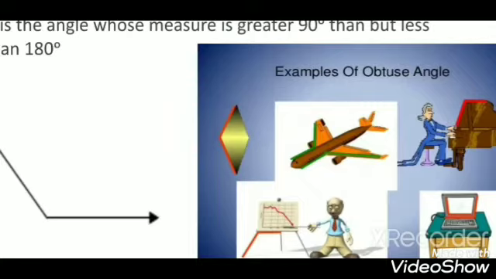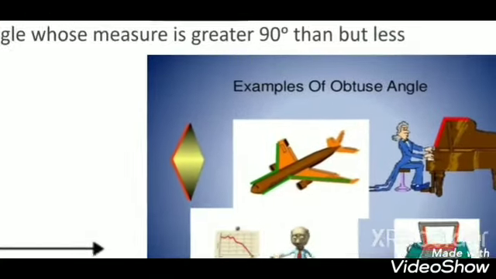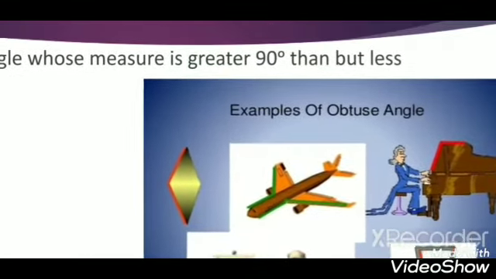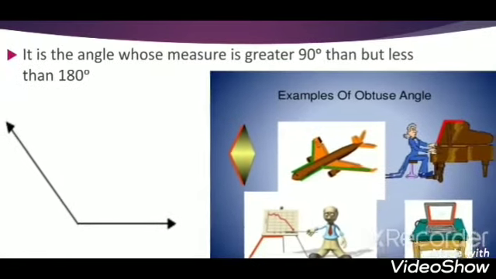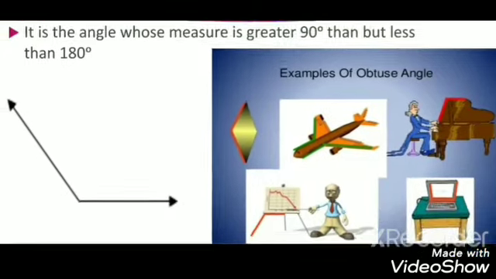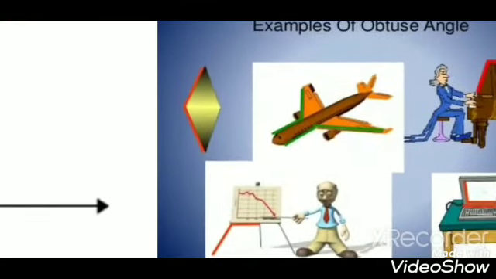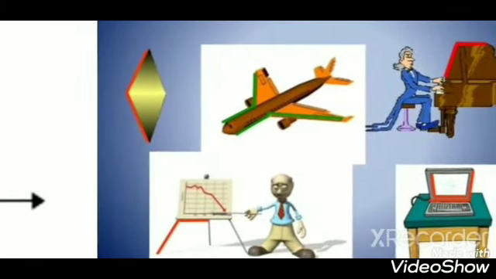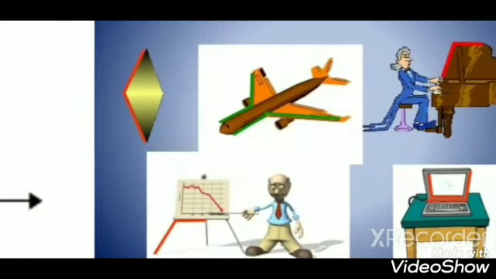If you see the piano, the angle there is more than 90 degrees and less than 180 degrees, therefore it is an obtuse angle. And in this figure, the stand, the angle is more than 90 degrees and less than 180 degrees, therefore it is an obtuse angle.